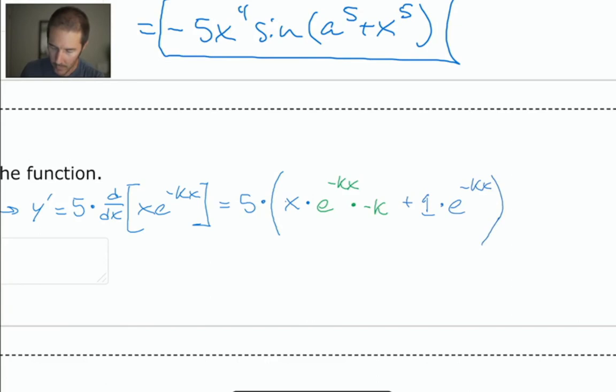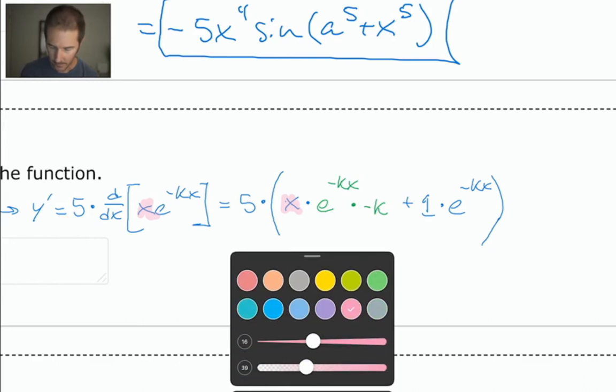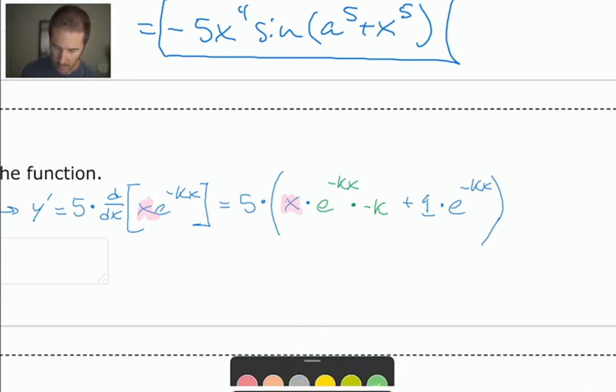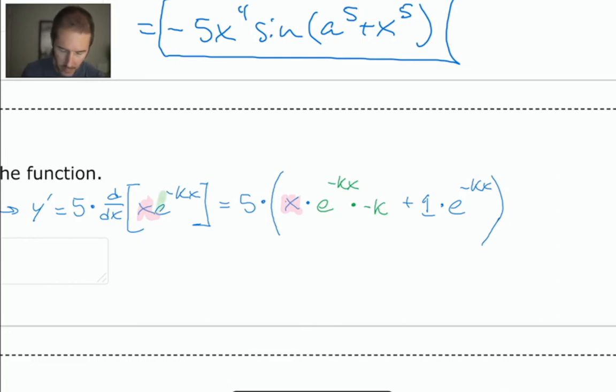All right, so let's go back and see what happened here. This factor stayed the same as I started using the product rule. I chose to keep my first factor the same, and then multiply by the derivative of my second factor. So here's my second factor, e to the negative kx, and the derivative of e to a power.